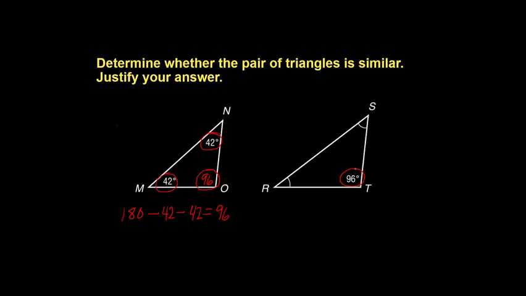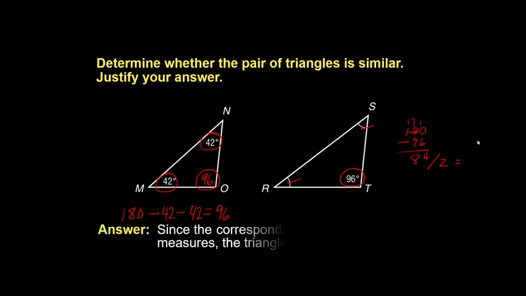Right there is 96. So what do we know about this angle and this angle? Because these are congruent, they're the same measurement, you can do 180 minus 96. That's going to give us 84. Now I have to take this 84 and divide it by 2 because I got to split it between the two angles.